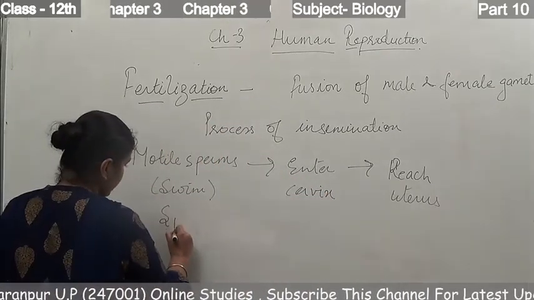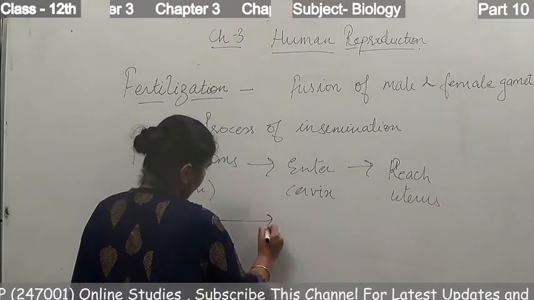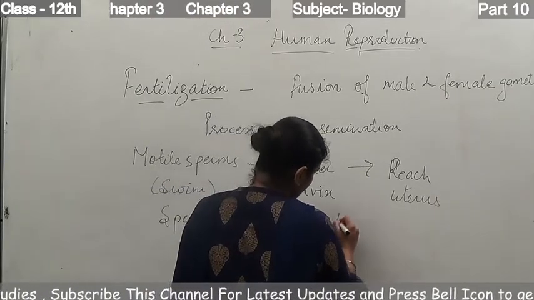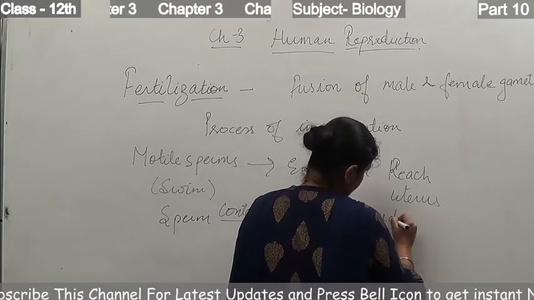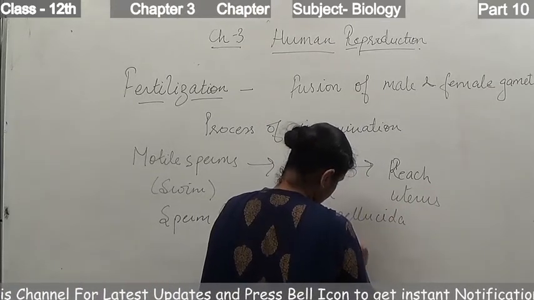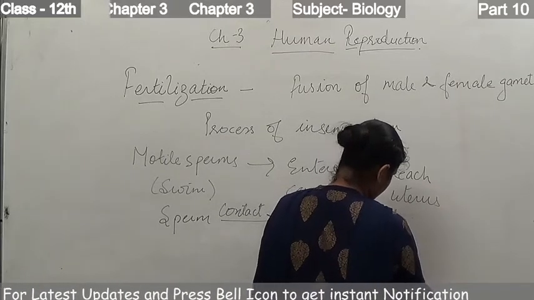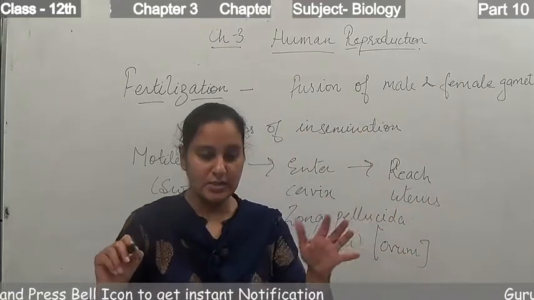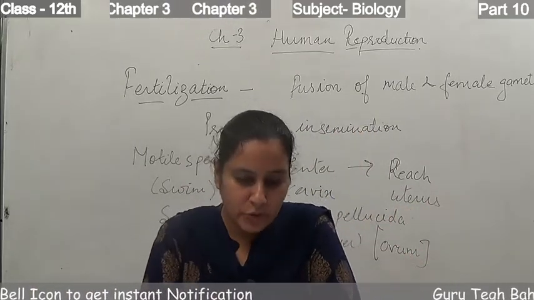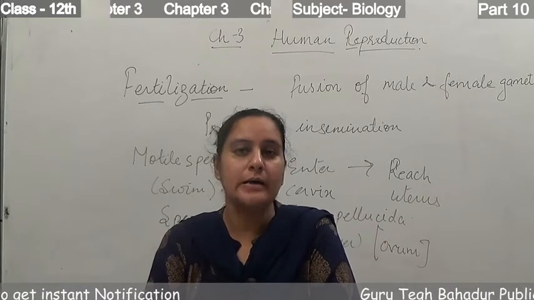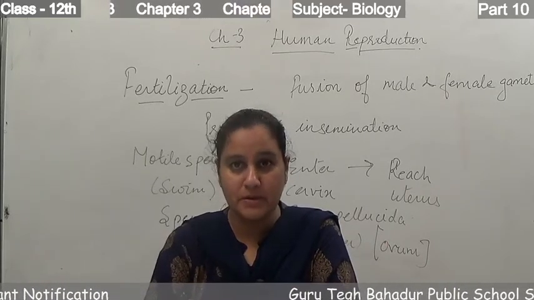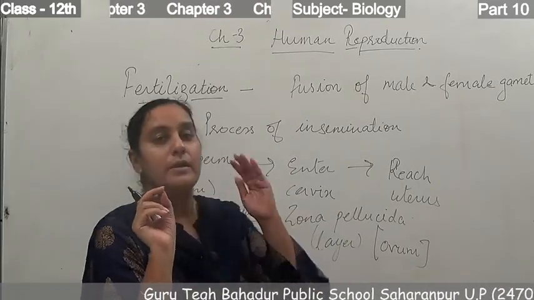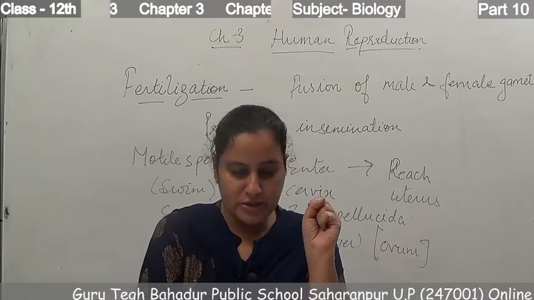These sperms come in contact with the zona pellucida layer of the ovum, and they bring about certain changes in that particular layer. What they do, they block the entry of the additional sperms. When one of the sperms enters that ovum, they block the entry of the additional sperms.